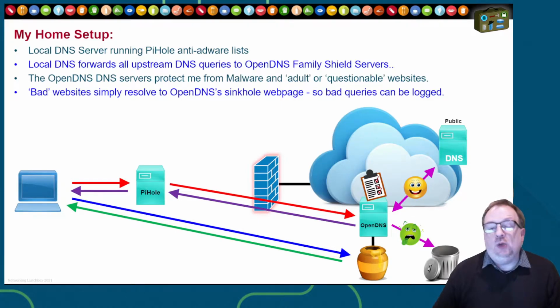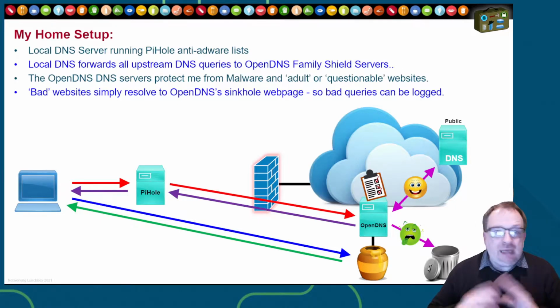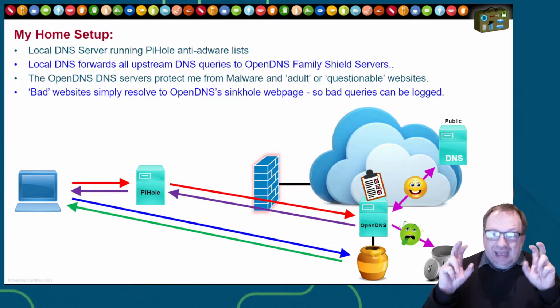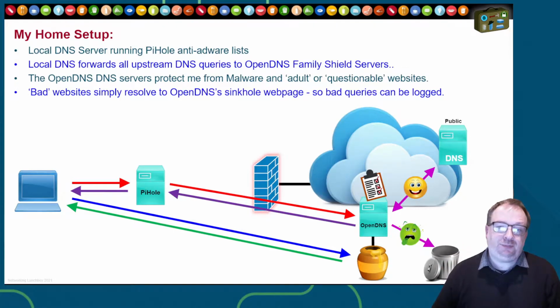Now the good thing about OpenDNS is it automatically looks for malicious, antivirus, anti-malware, many different types of bad things out there on the internet. And if you're looking for something that's good, it will return the good value. If it doesn't know, it will forward it on to a public DNS, the upstream DNS.